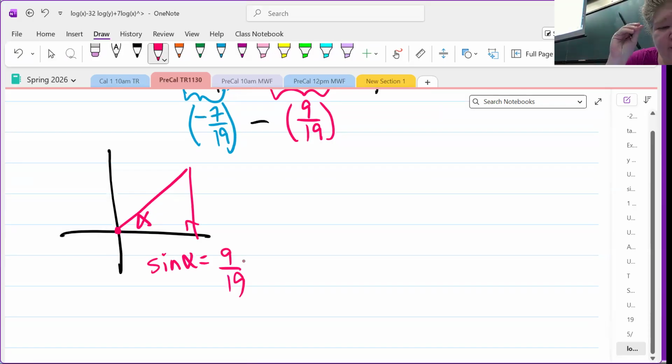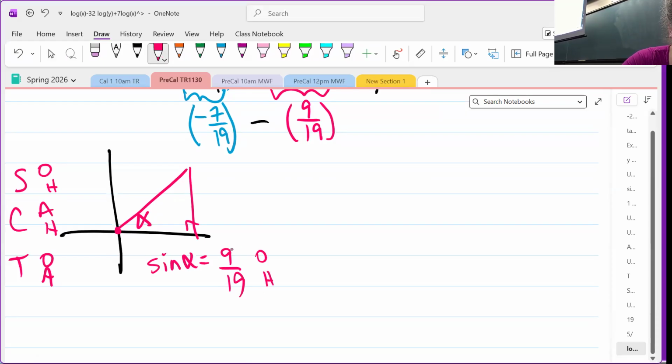Now remember our hippies: some old hippie caught another hippie tripping on acid. So SOH, opposite over hypotenuse. Where is our hypotenuse in the triangle? Yep, the diagonal side. So this side over here is 19.